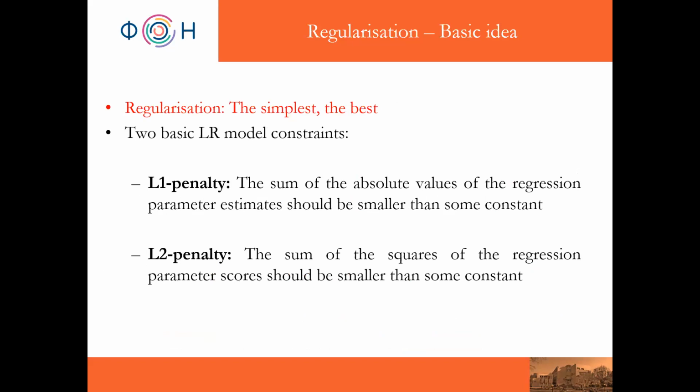We want to find a simpler model. When it comes to regularization within linear regression, we have two basic model constraints which we are going to add to our least squares. We have the L1 penalty. The L1 penalty states that the sum of the absolute values of the regression parameter estimates should be smaller than some constant.